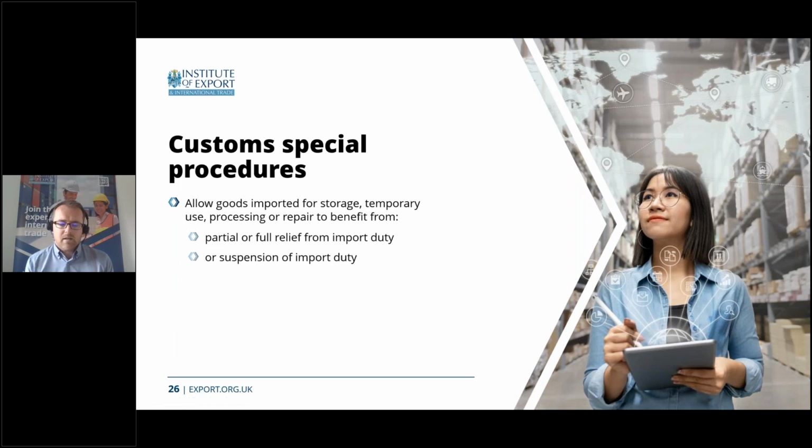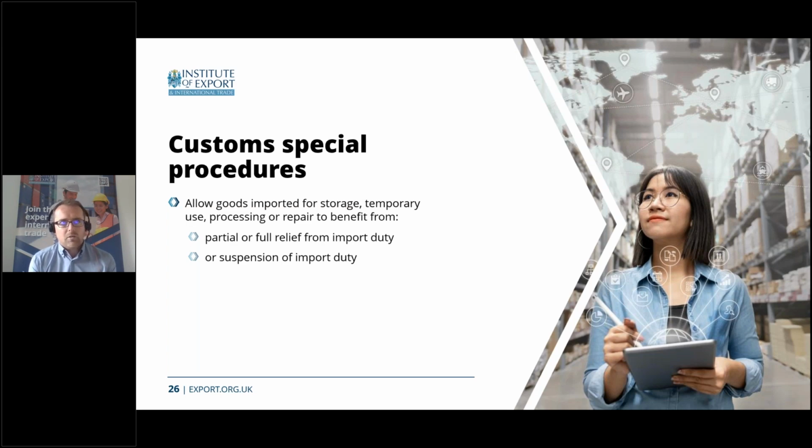So let's now have a look at customs special procedures. This is where we have a more formal approach to benefiting from duty relief or suspension of duty, and they quite often result in a full authorization from HMRC.